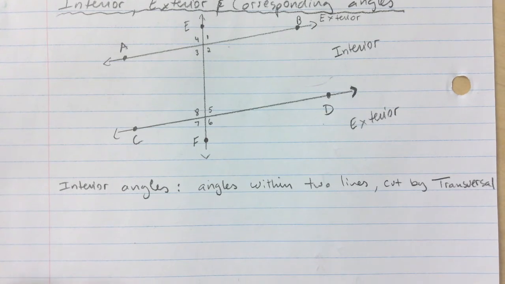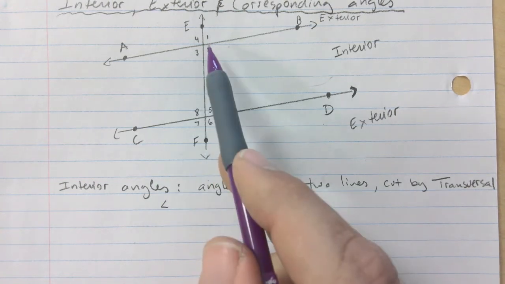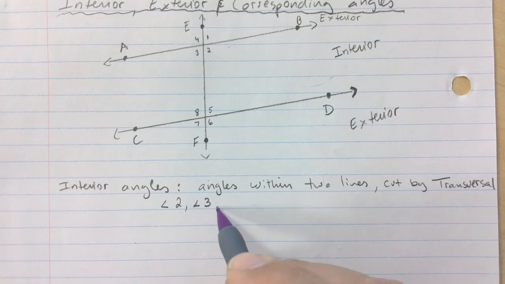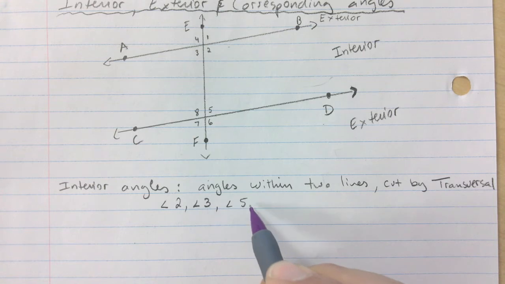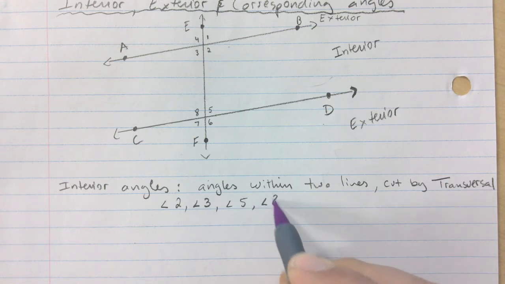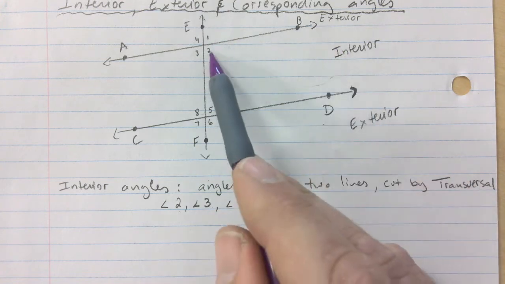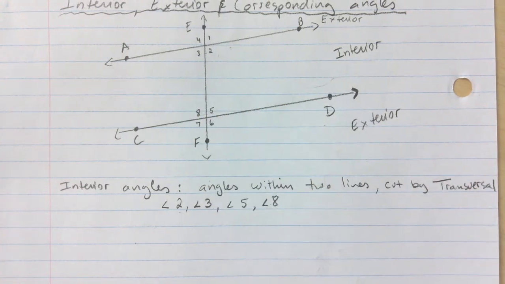Angles within two lines cut by transversal. So that would be angle 2 and 3, as well as angle 5 and 8. These 4 would all be considered interior because it's right there inside the two lines that are being cut by that transversal.